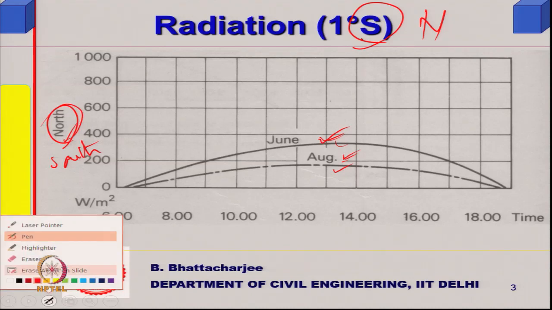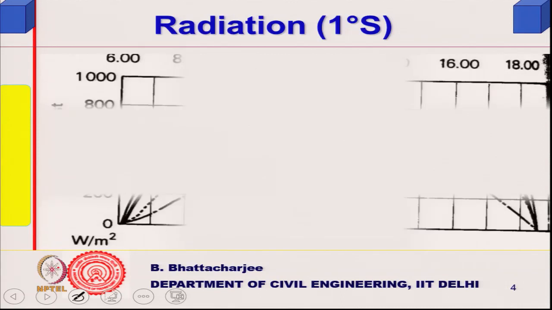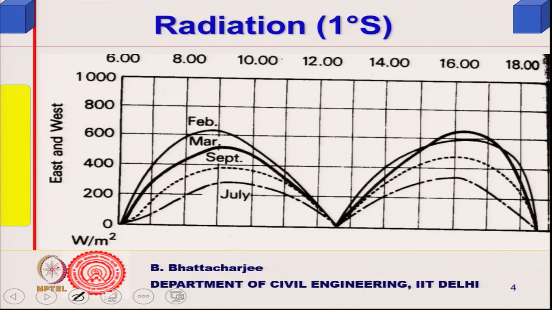I will summarize this a little bit more once we look at them, and this is on east and west surfaces. On east and west surfaces, you find that during summer you get a lot of radiation. This is the east surface early in the morning till 12, and this is the west surface, right, and this is September.